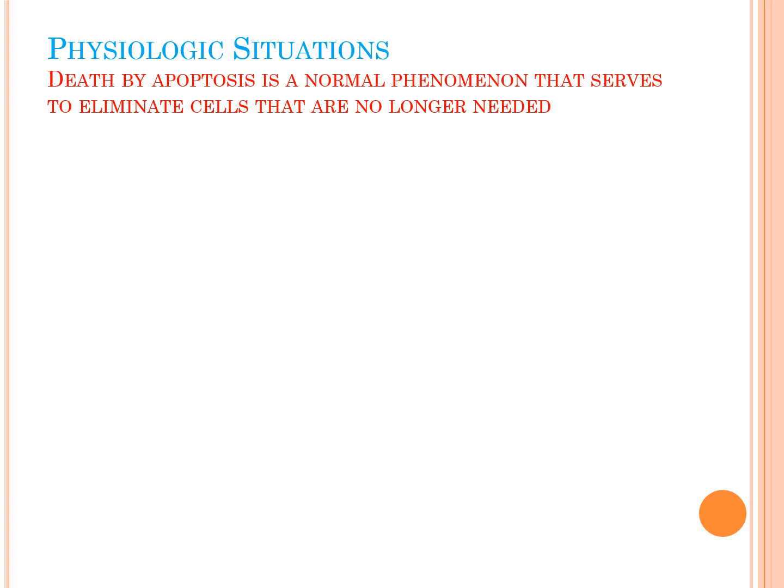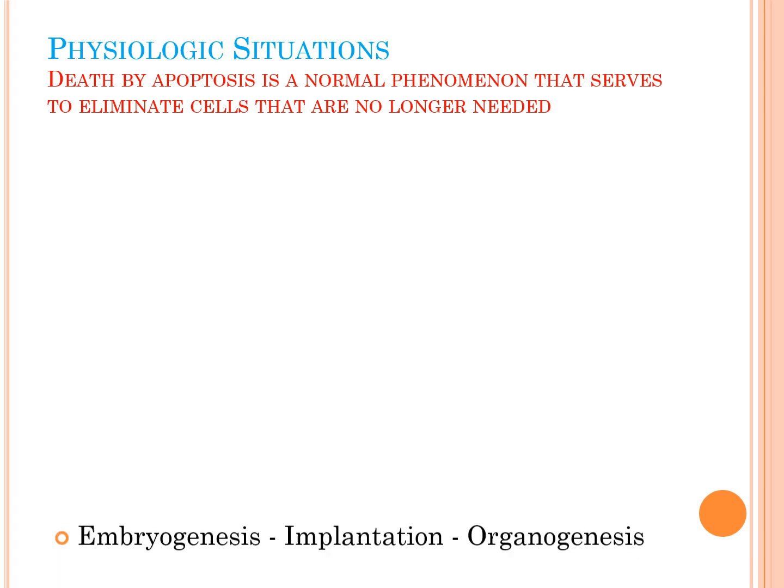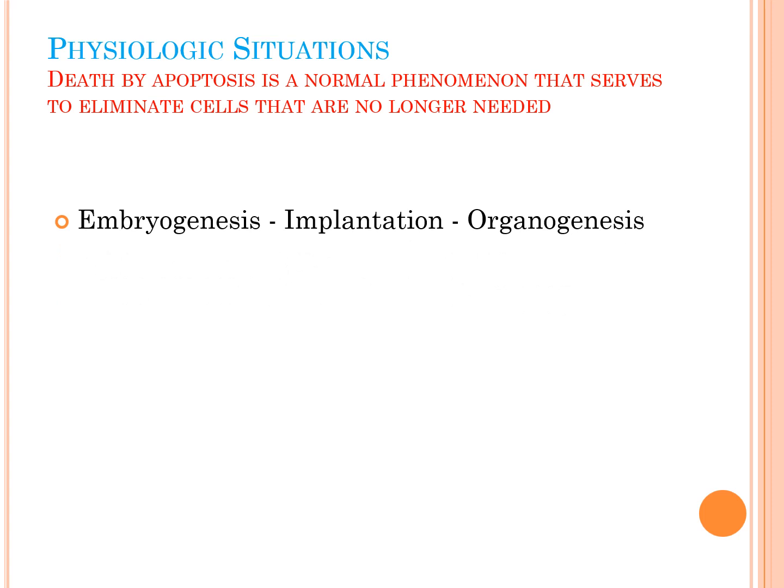So where is it seen in our human body? First of all, from the embryo to the production of a complete infant, that is embryogenesis, implantation and organogenesis, in this entire process the extra number of cells which are produced are deleted, or cells die by the process of apoptosis.